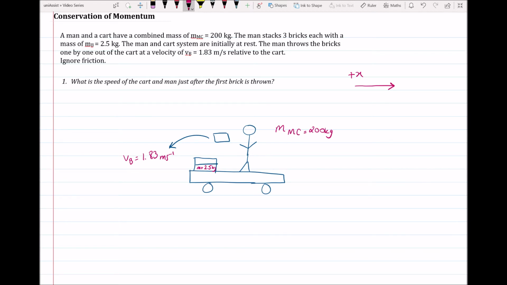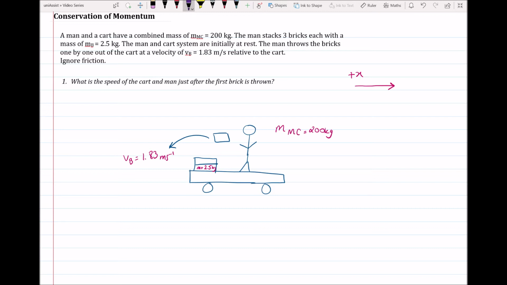Next thing I like to do is just have my significant figures in check. So I've got mmc as 200 kilos, I've got mb as 2.5 kilos, and I've got vb as 1.83 meters per second.